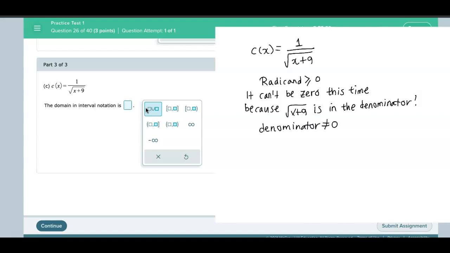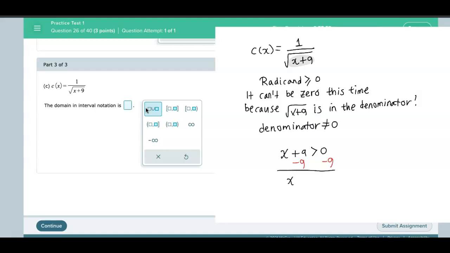So instead of saying x plus 9 is greater than or equal to 0, I'm going to say x plus 9 can only be greater than 0 this time. It can't be equal to 0, because if we have a 0, that's going to make the bottom of the fraction 0, and we can't have that. So let's go ahead and solve this. Subtract 9 from both sides.